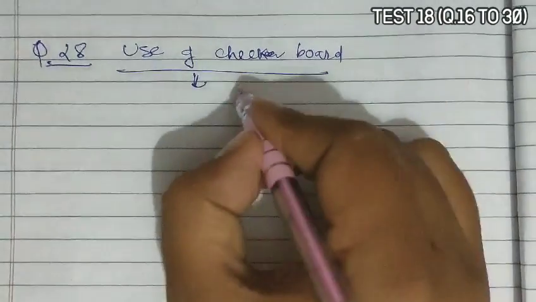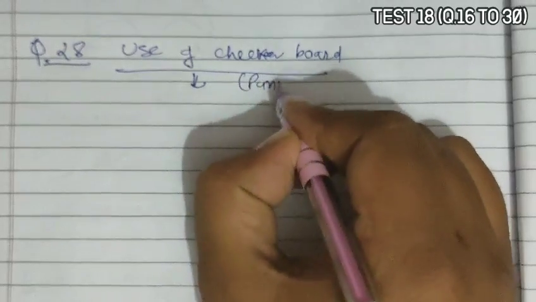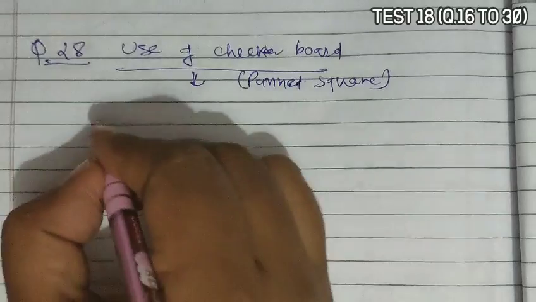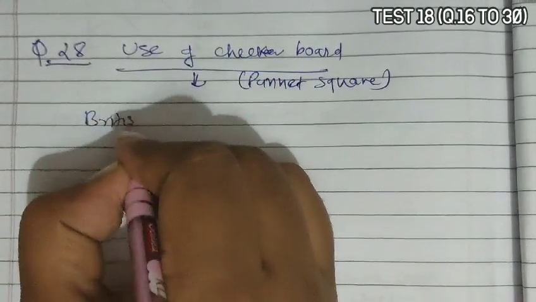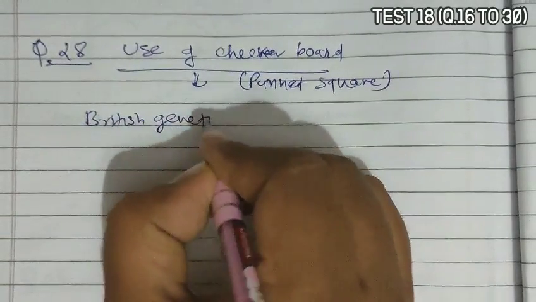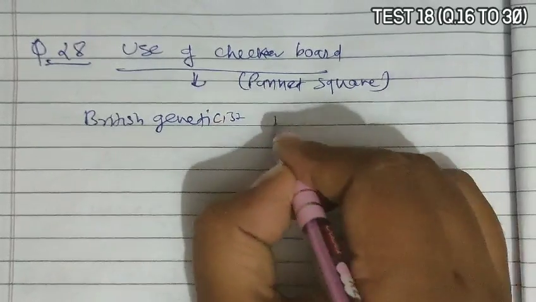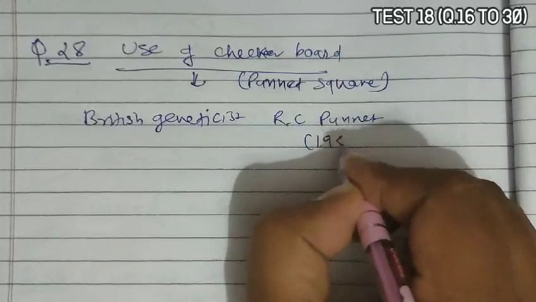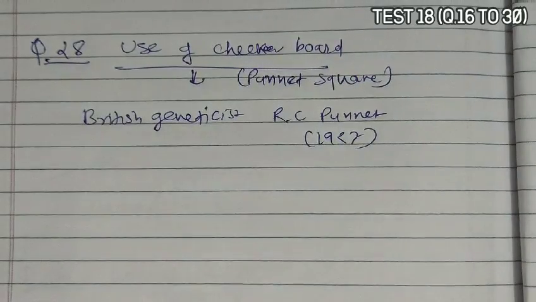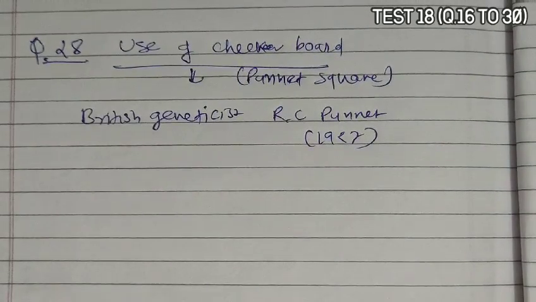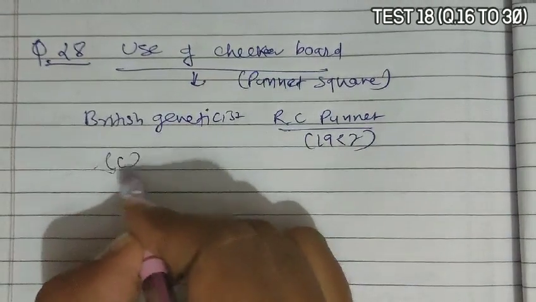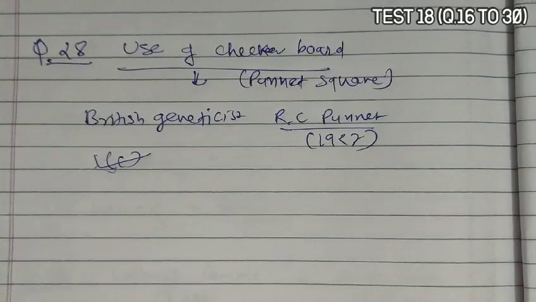The checkerboard is also known as the Punnett square. This Punnett square was given by the British geneticist R.C. Punnett in 1927. It is a checkerboard used to show the result of a cross between two organisms. So Punnett is option C. So C is the correct answer.